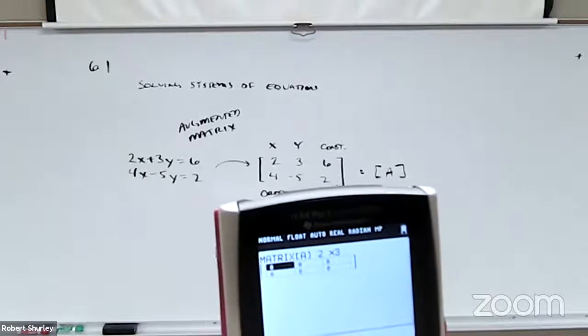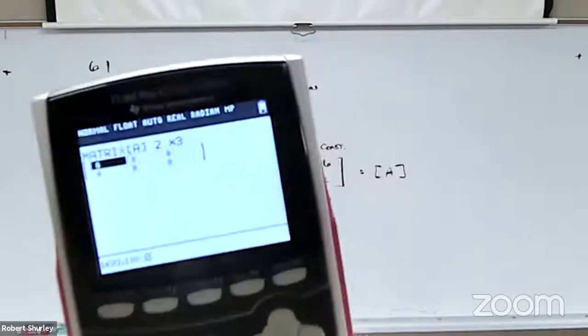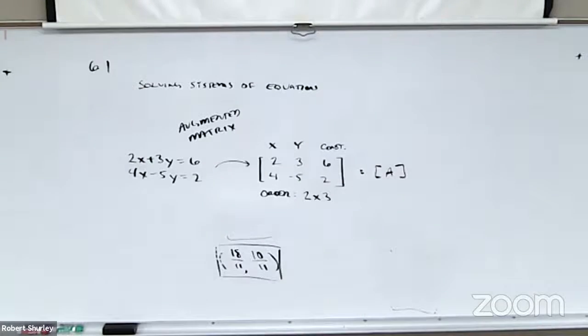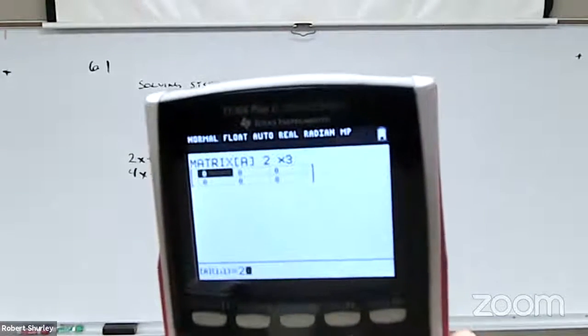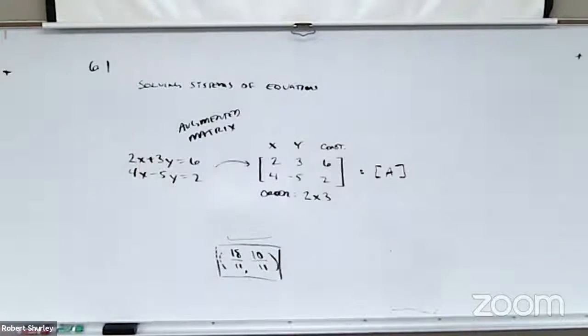So now we're going to fill it in with our matrix A. You put the number in and then you hit enter. Like the first number is 2. I put 2 in and I hit enter and then it goes to the next number. So 3, enter. 6, enter. 4, enter. -5, make sure with the negative you use the negative under the number 3, the actual negative number, not the minus sign.